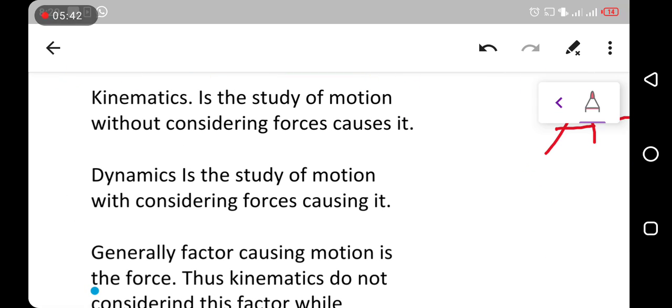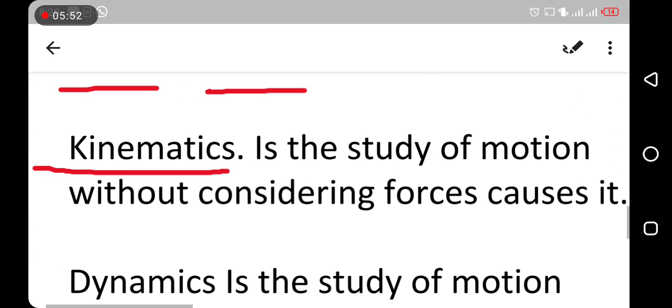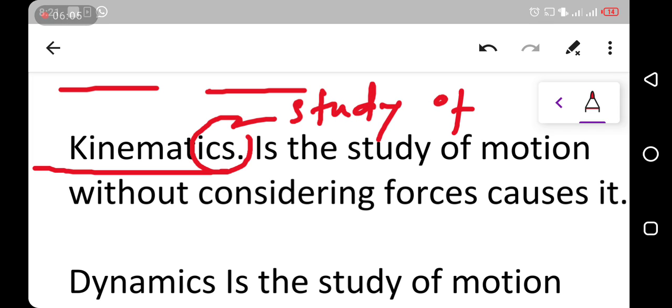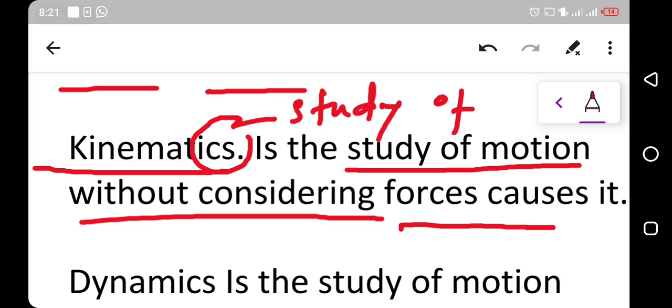So let's move to other parts. Tuendelee sehemu nyingine ambayo ni kinematics. If we need to know kinematics, kwanza tunataka tufahamu hii kinematics ina suffix ambayo ni ics. Hii suffix ukiiona sehemu yoyote inamaanisha study of. Kwa hiyo kinematics ni study of, lakini study of what? Kinematics is the study of motion without considering the forces causing it.